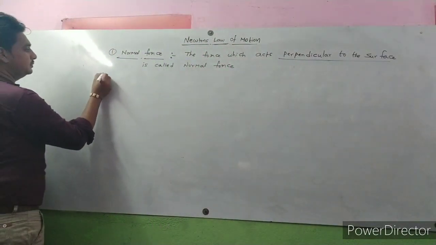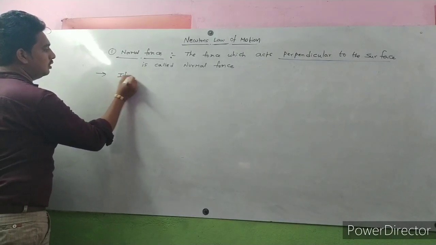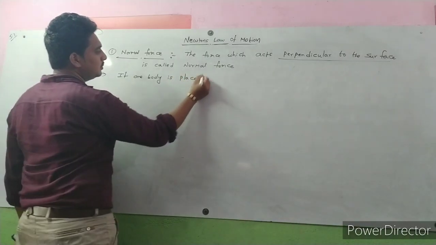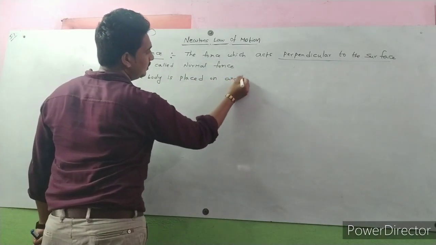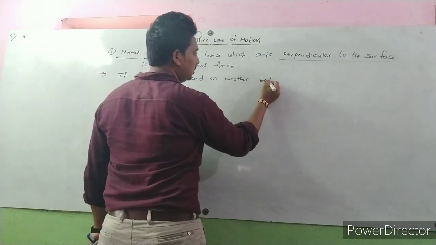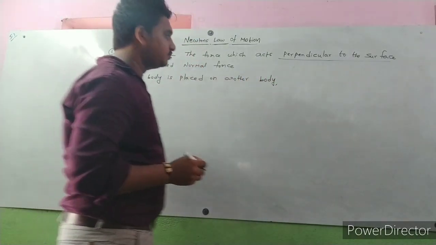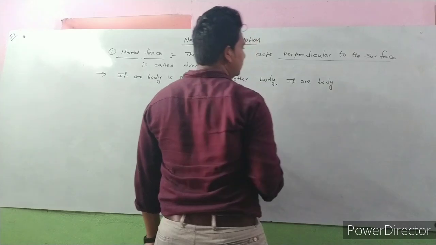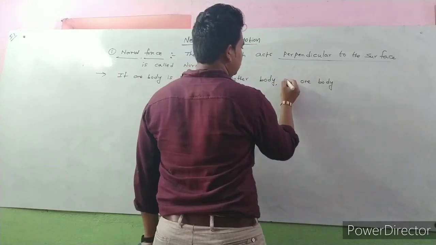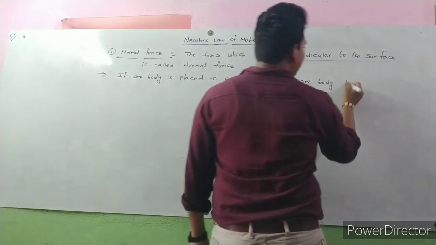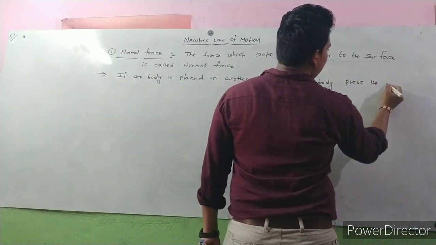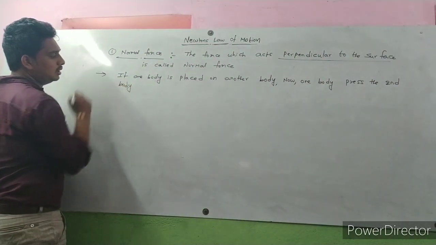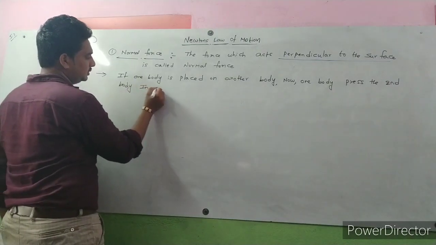Next, the second point: if one body is placed on another body, the first body presses the second body in one direction.